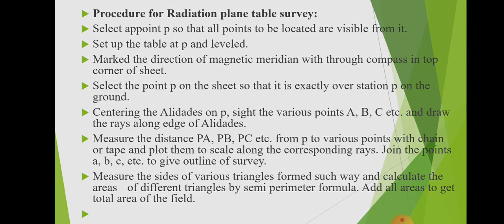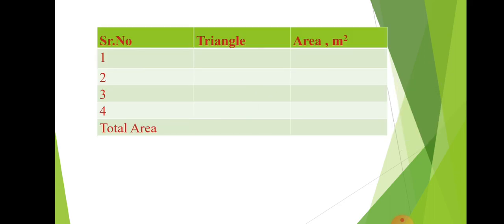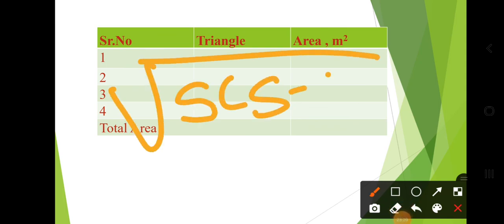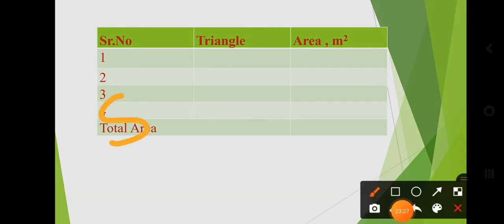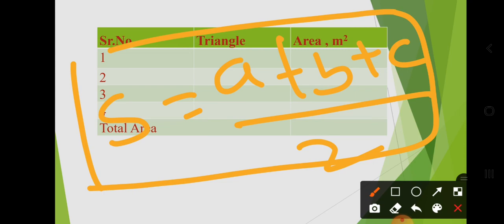Same like that, and then same as the triangulation method, make the observation table, write there and calculate the area by the same semi-perimeter formula, square root of S(S minus A)(S minus B)(S minus C), where S equals A plus B plus C divided by 2. Everything in the calculation is the same as in the triangulation method.